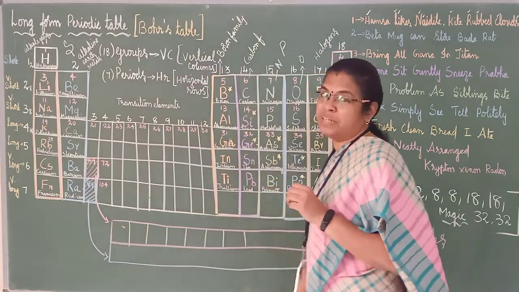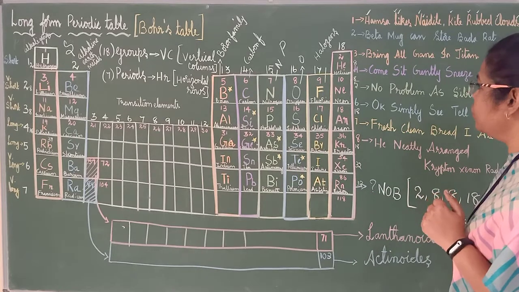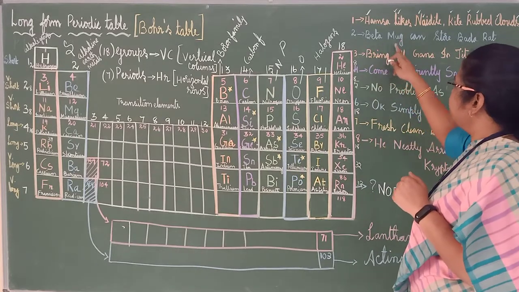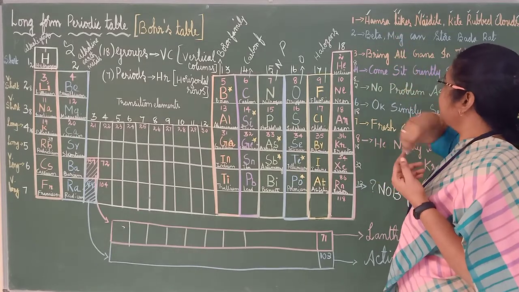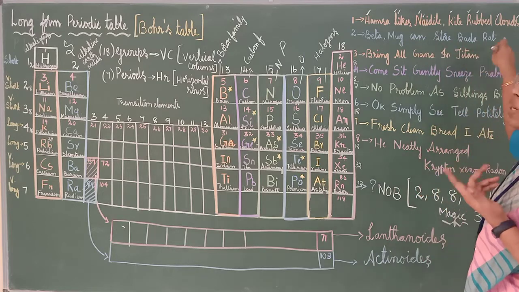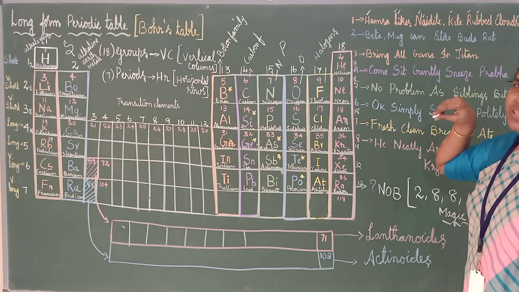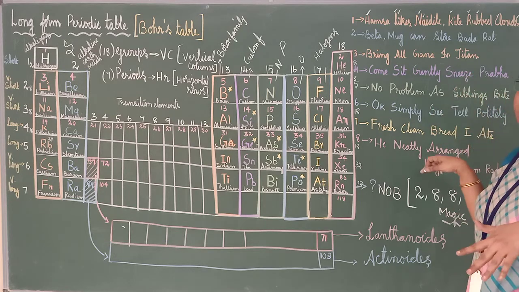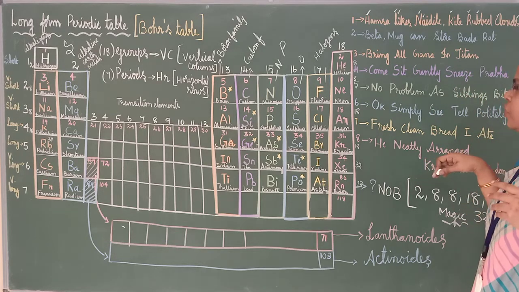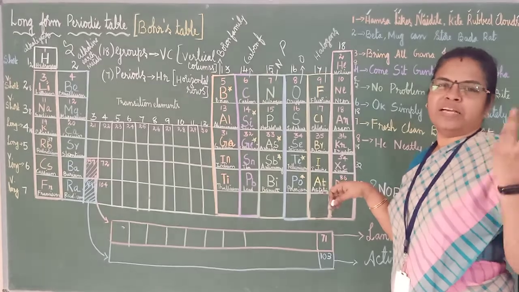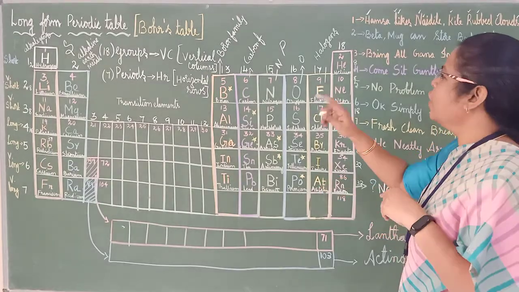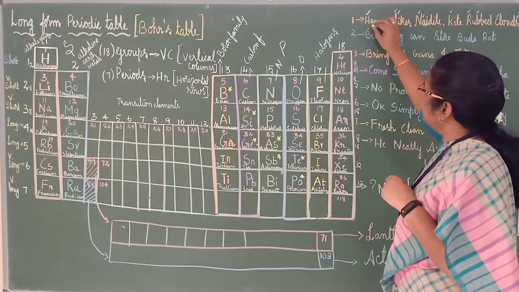So it will be a little bit difficult for you. We will have a mnemonic. See, beta, mother is calling. Beta, mug can store bada rat. Okay. You can use your own mnemonics, whichever is easy for you. I have written what is easy for me. You can use your own mnemonics because in science, imagination matters. So BE, beta.